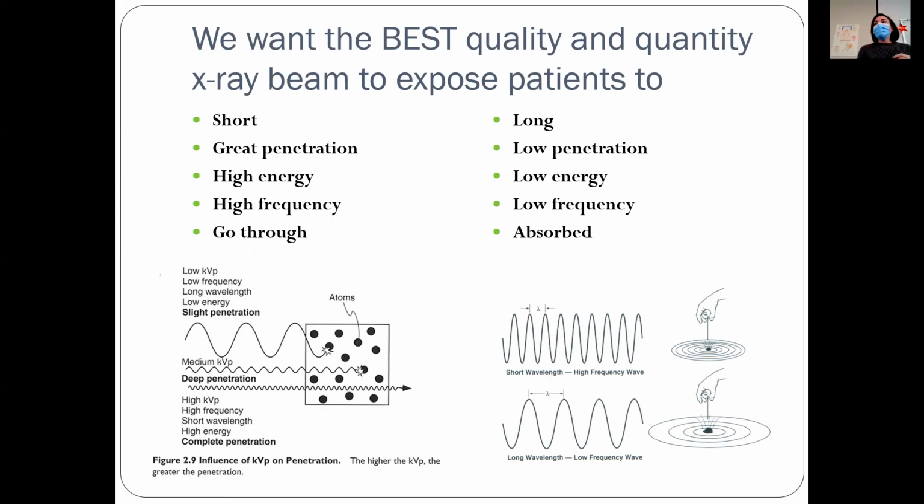Okay. So what is the best quality and quantity X-ray beam to expose a patient to? You want to expose a patient to short wavelengths, high frequency, high energy, and they're going to penetrate better.